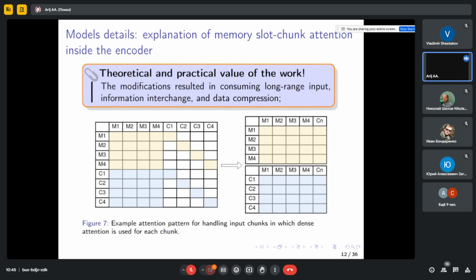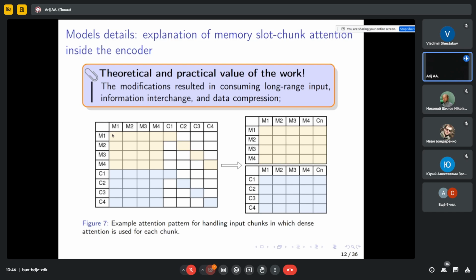So just to mention how the attention looks like inside the memory attention, M1 represents memory slot 1, M2 memory slot 2, and as I said, each memory slot can contain one or more memory tokens.